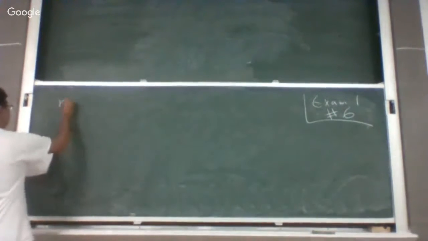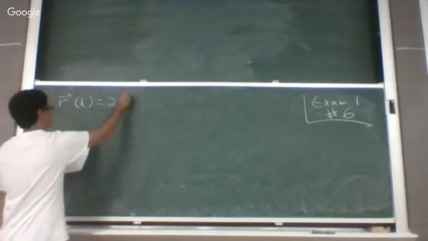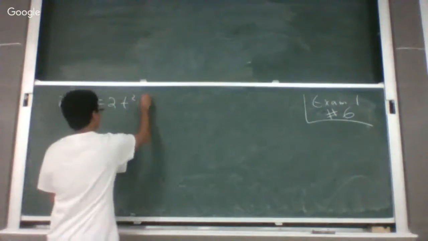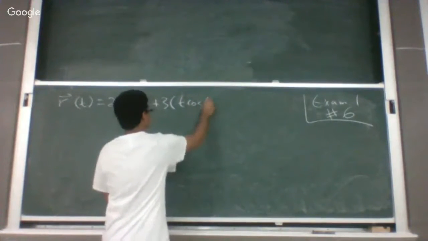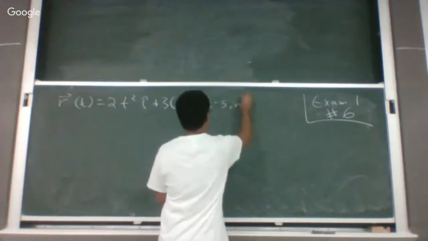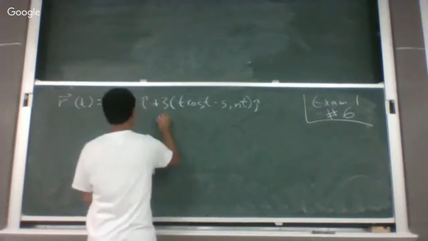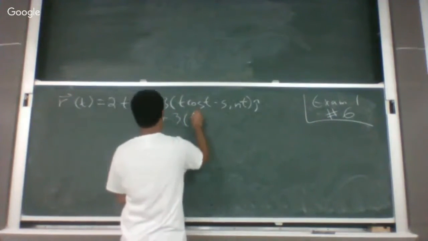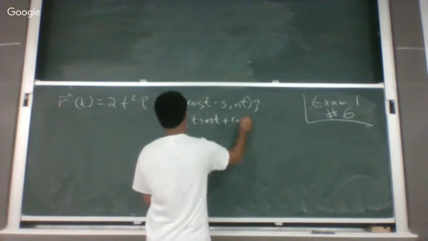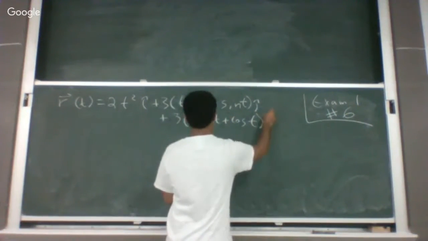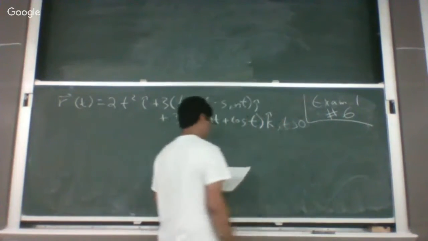We have the vector r with respect to time: 2t squared i plus 3 times (t cosine of t minus sine of t) j plus 3 times (t sine of t plus cosine of t) k, while t is greater than 0.